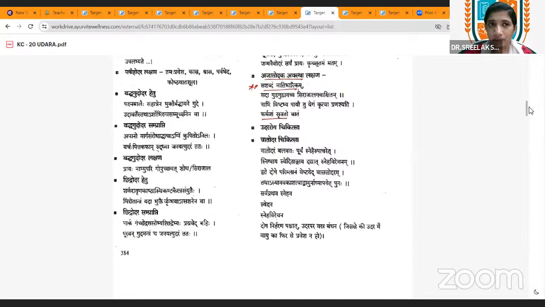And we have to learn about the important formulations in Udara Roga Chikitsa, that is Ashtamutra Prayoga. Very important. Please note, Ashtamutra Prayoga is indicated in Ashtodariya. Okay, so got the thought? Ashtodariyam, Ashtamutra Prayoga. Okay.